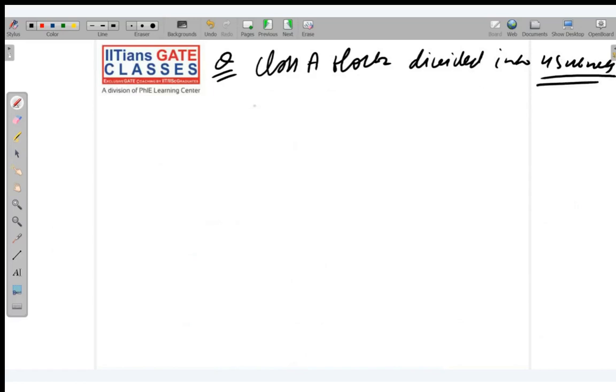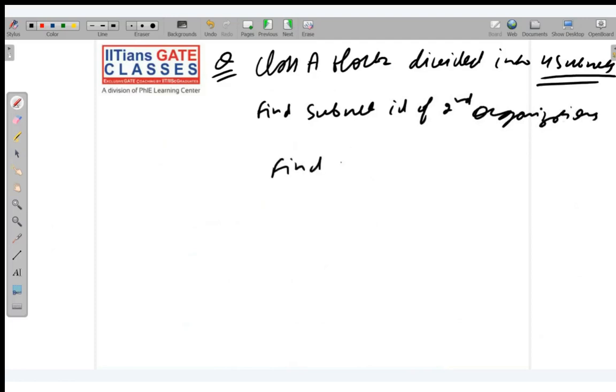Find the subnet ID of the second organization, and find the DBA of the third organization. So like this they can ask.